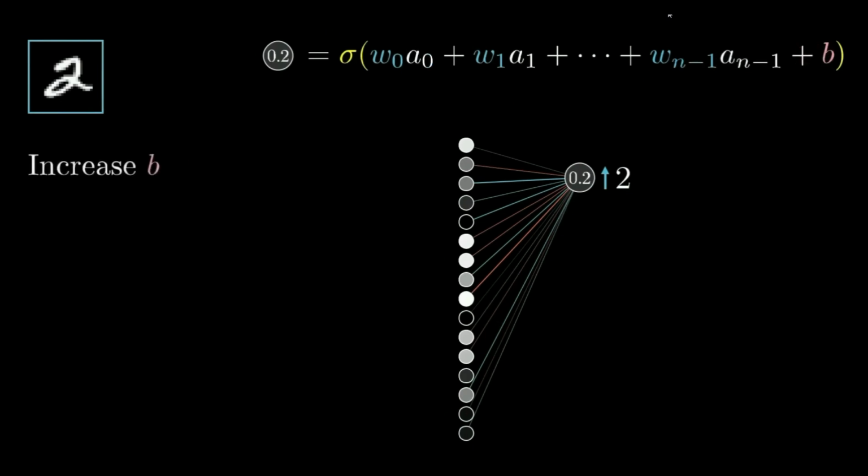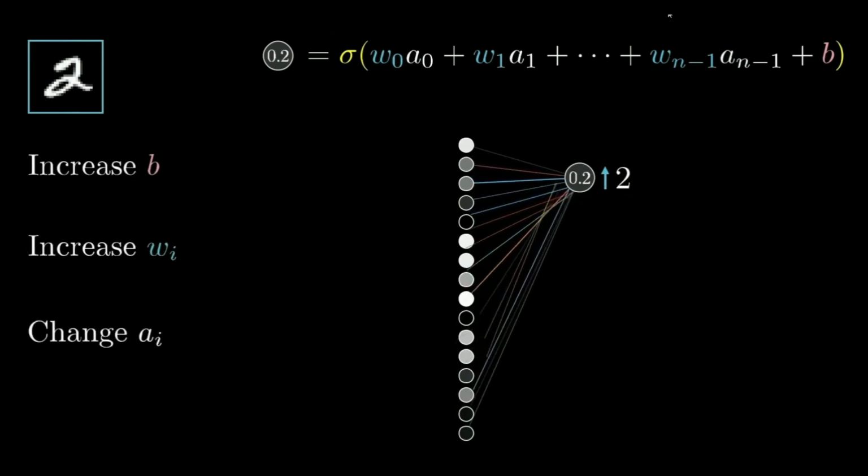You can increase the bias, you can increase the weights, and you can change the activations from the previous layer. Focusing just on how the weights should be adjusted, notice how the weights actually have differing levels of influence. The connections with the brightest neurons from the preceding layer have the biggest effect, since those weights are multiplied by larger activation values.